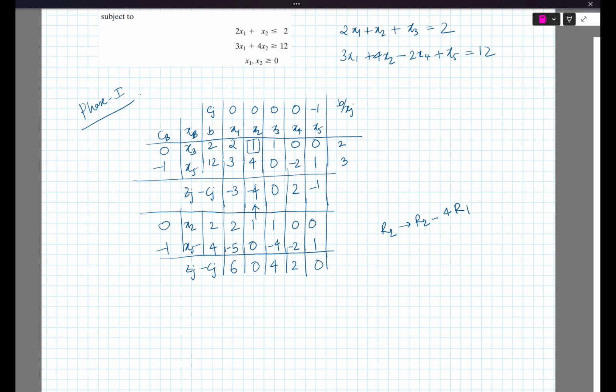So I get zj minus cj greater than equal to 0. And what else we can see? We have the artificial variable is in the BFS, right?